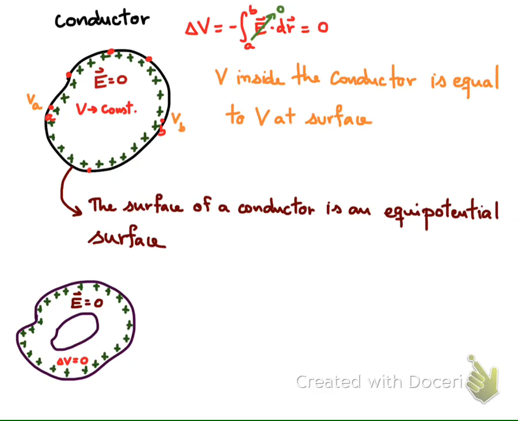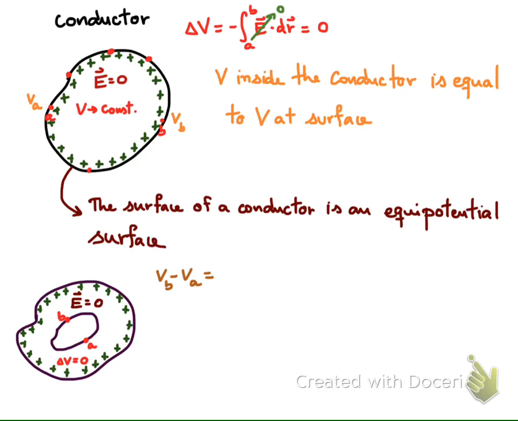To do that, I will choose 2 points, for example A here and B here in the conductor, but just at the inner surface of the conductor, and I will try to calculate VB minus VA.